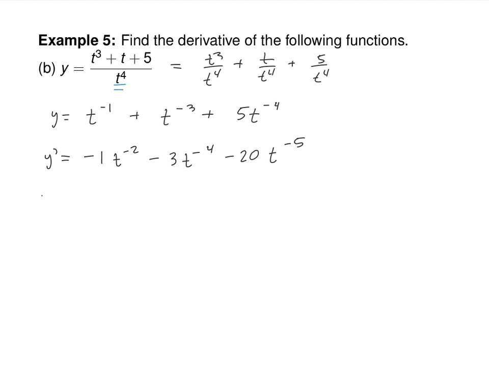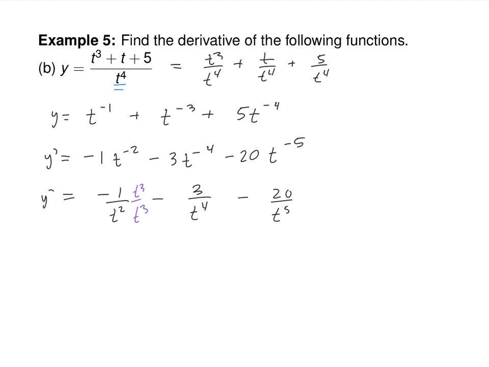And I would like you to get a common denominator, so -1 over t squared minus 3 over t to the 4th minus 20 over t to the 5th. What do you multiply the first fraction by? T cubed, good.